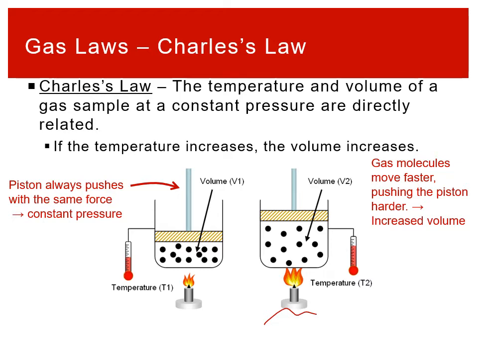Higher temperatures lead to higher speeds. Those molecules are moving faster, which means they're going to be hitting that piston more strongly. The piston has that constant pressure, the same amount of force, so they're pushing it up, leading to an increase in volume. Conversely, if you cool it off, they move more slowly, and the volume will shrink. You can't press that as hard.